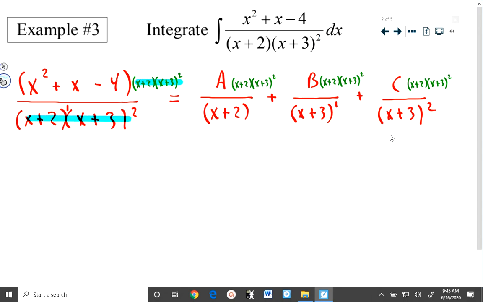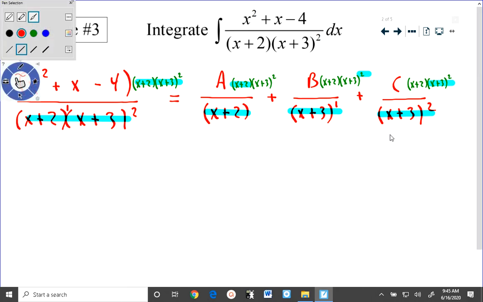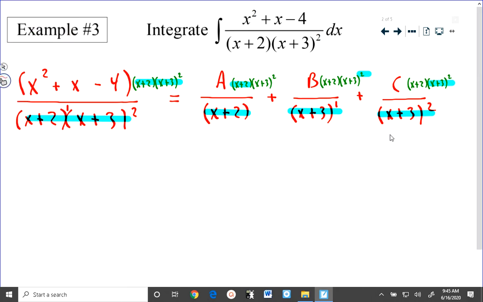On the left-hand side, the entire denominator cancels. On the right-hand side, the x plus 2's cancel. In the term that has a, in the term that has c, both x plus 3's cancel. And in the term that has b, one of the x plus 3's cancels. And now we can write out what the new equation is without all of those denominators.